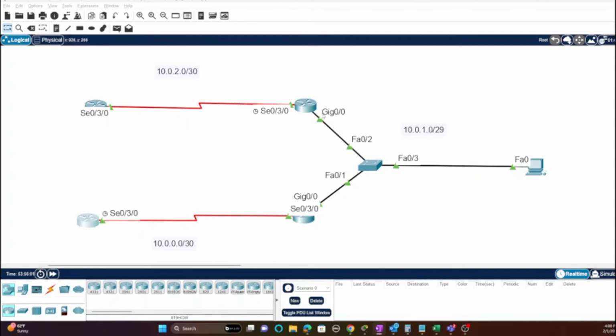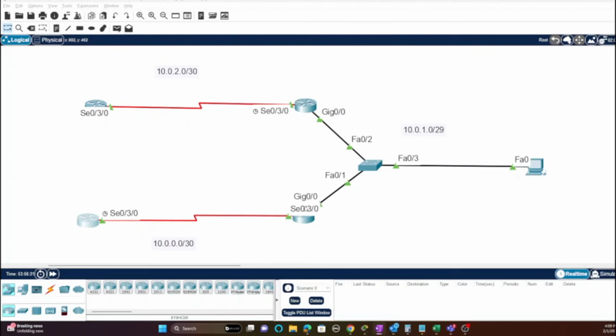By default, gig 0/0 is what they call an Ethernet interface or a LAN interface, right? And serial is a different type of interface than a gigabit interface. So by default, on an Ethernet interface like gig 0/0 or FastEthernet 0, you're going to have a different type of network.